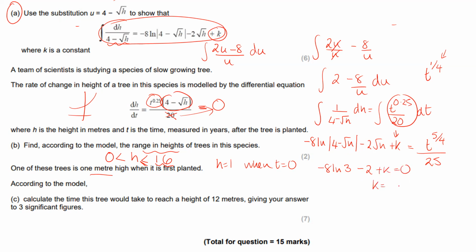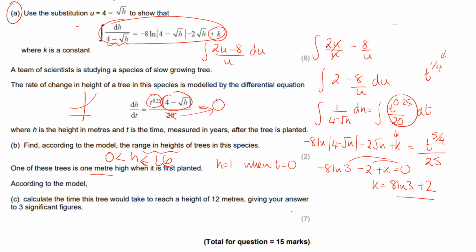So K is equal to, take these minus terms to the side, 8 ln of 3 plus 2. Okay. And now we can put 10.79.